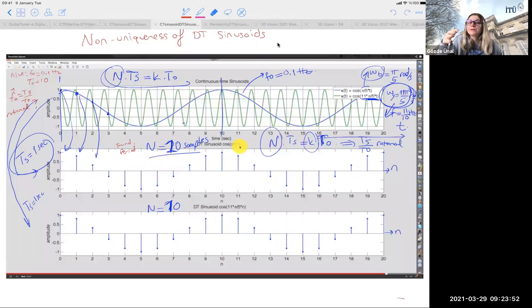You see one of them is a low frequency, the blue one. You can find its frequency by finding the distance between two peaks, right?